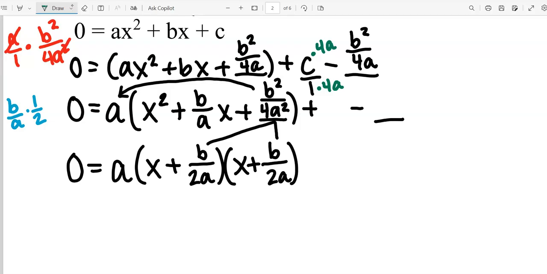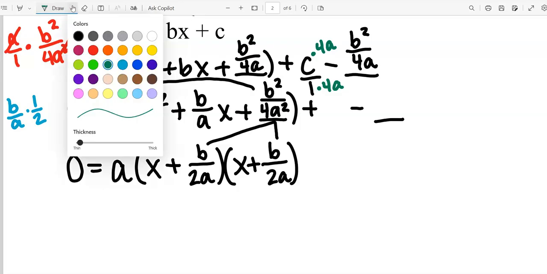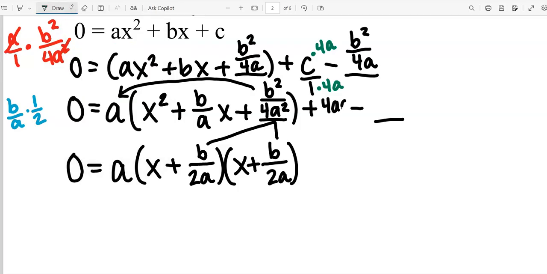It's called a well-chosen 1 because you're multiplying by 1, but you're choosing it wisely so that it changes the way that it looks, but it doesn't change the quantity because you're only multiplying by 1. 4a times c is just 4ac. And 1 times 4a is 4a. And I'm still subtracting b squared over 4a. Okay, awesome.